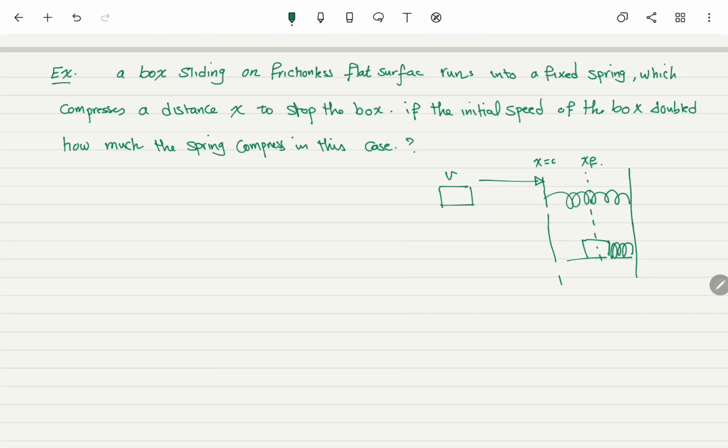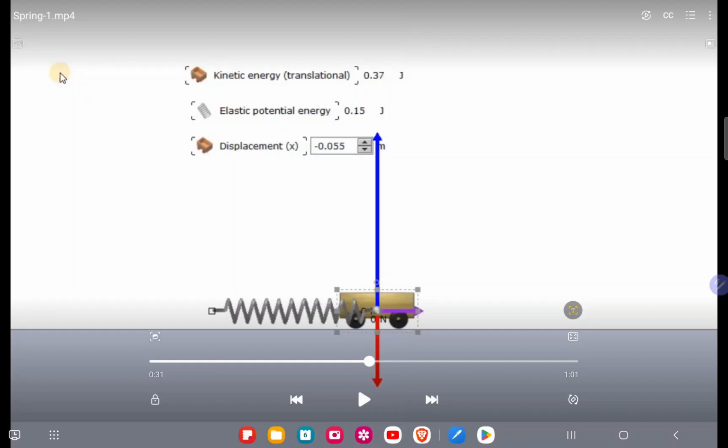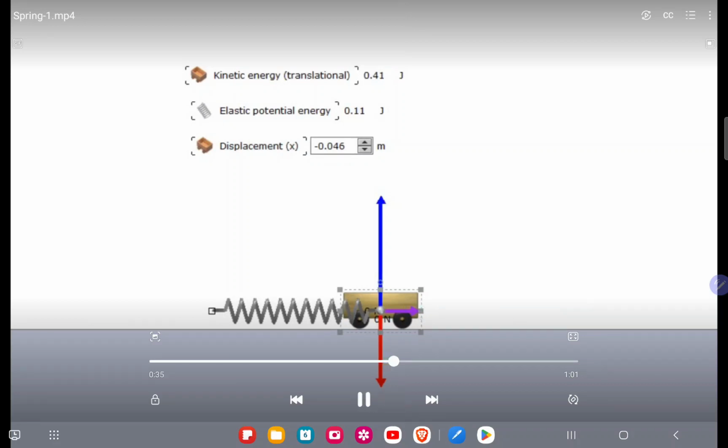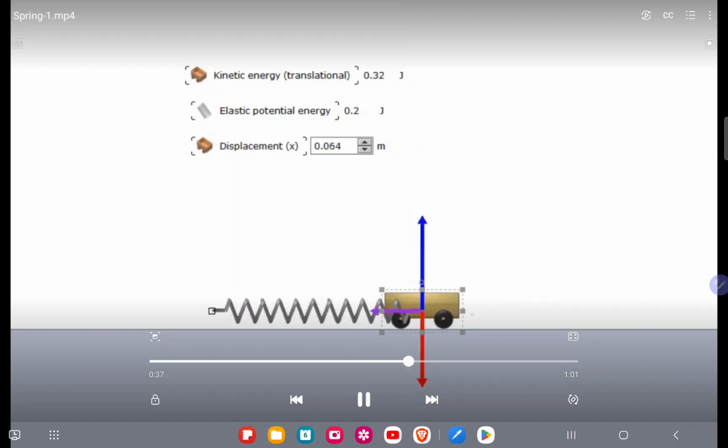Now before going through this example, let's have this model. In this model, a cart is connected to a spring and is given an initial velocity. As we can see, the kinetic energy of the cart starts to decrease until it reaches the maximum elongation of the spring.